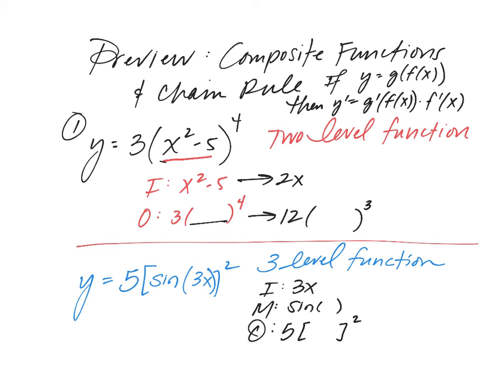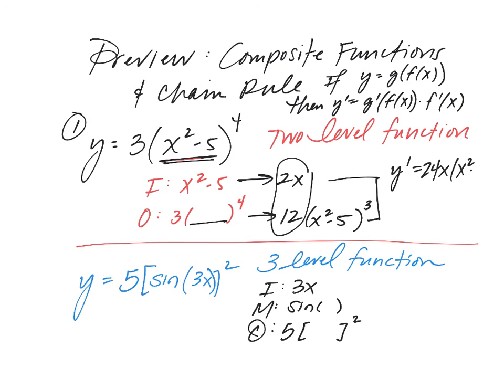Whatever starts in parentheses stays in parentheses. We just leave it out, so it's one less thing for our brain to think about. Now our final answer comes from multiplying these 2 together. So I'm going to multiply 2x and 12 for that leading coefficient, which is 24x, times x squared minus 5 to the third power. Okay, not too bad, right?